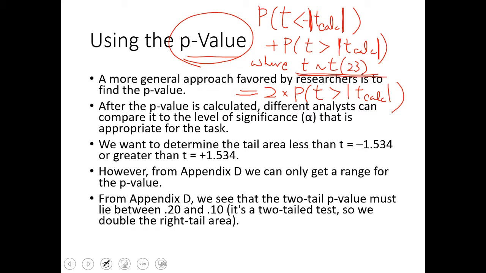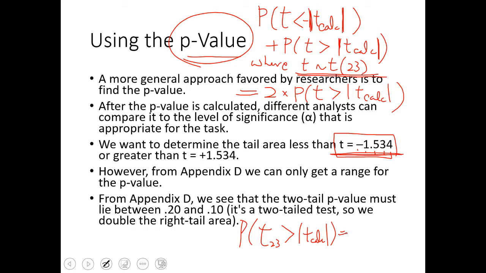Okay, so then our t-calc value is minus 1.534, and so then we have to calculate this probability. The probability that a t statistic with degrees of freedom 23 is greater than the absolute value of t-calc.